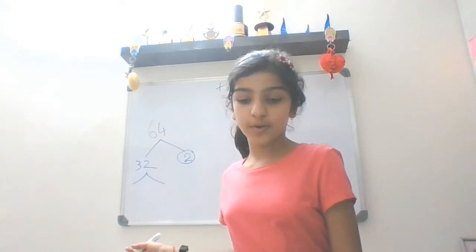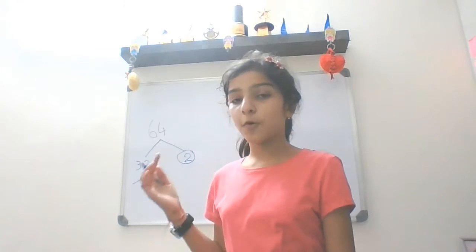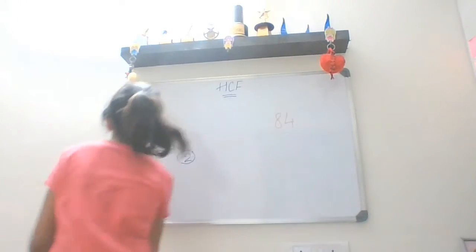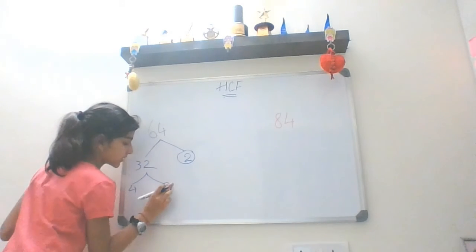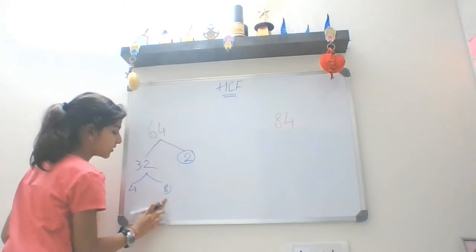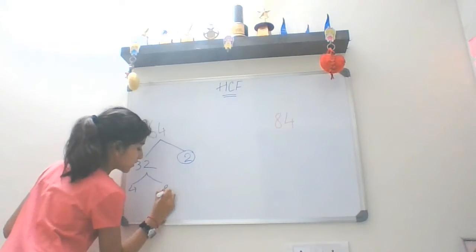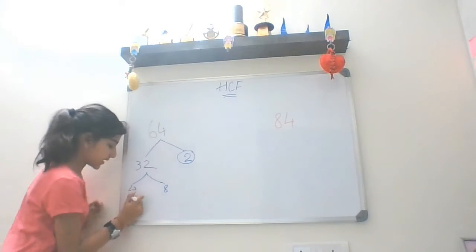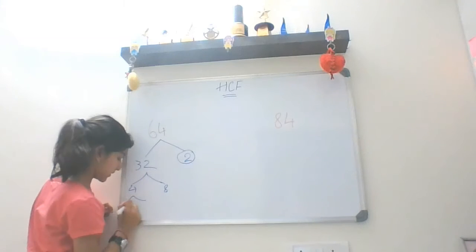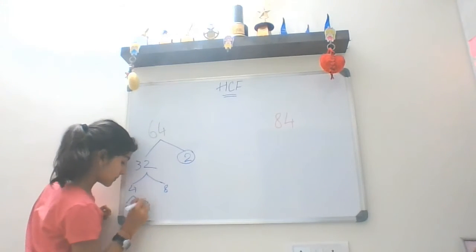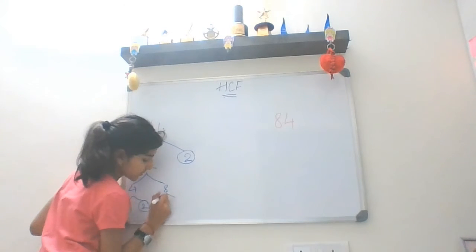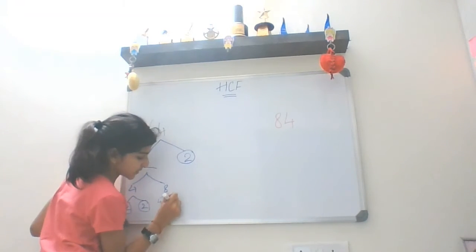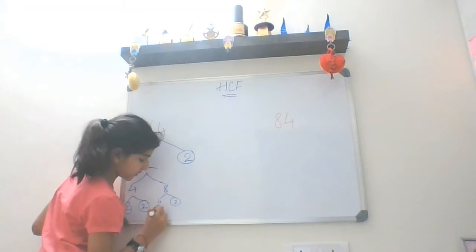What are those two numbers? They are the numbers 4 and 8. Okay, so none of them are prime, so we should not circle them. Okay, so let's divide. 4 is equal to 2 into 2, those are prime, and 8 is equal to 4 into 2, where 2 is prime, and when 4 is further divided, it again comes as 2 into 2.